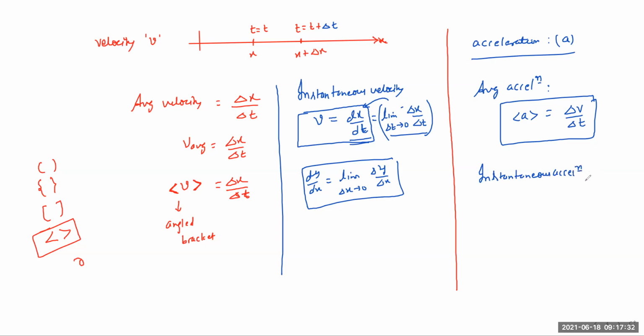So the instantaneous acceleration we just write as a, and we write this as dv by dt. So we have two types of acceleration: one is called the average, the other is called the instantaneous, and a is equal to dv by dt.